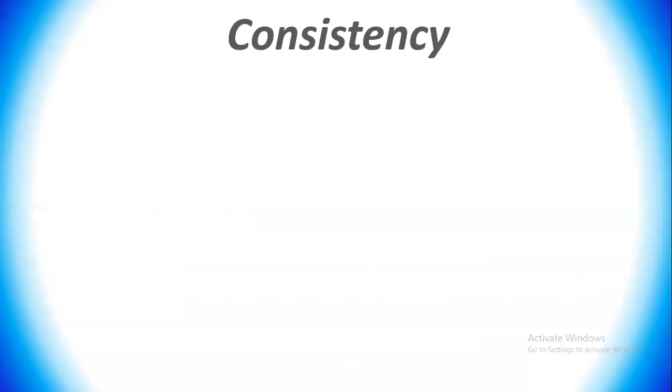Why? If you update the node in Sri Lanka, then there is a latency until the node in America is updated. So until that node in America is updated, the data retrieved from the server in America is inconsistent, because that data is not the latest version of the data. The latest version of the data is in Sri Lanka.